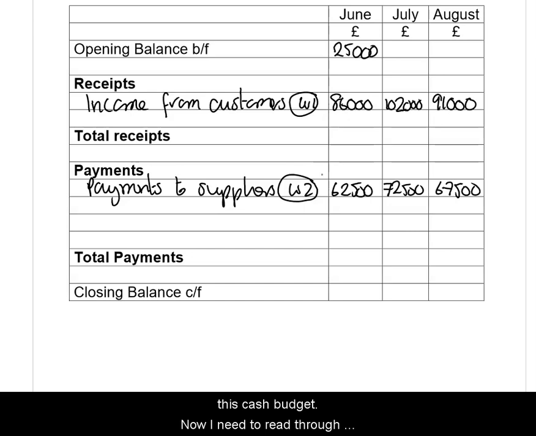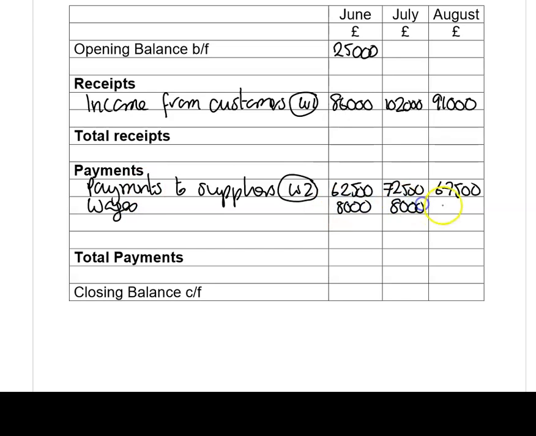I then need to read through the rest of the information in the question and pick out key figures. In this question, that is right at the end, starting with the paragraph: wages are 8,000 per month. So I'm going to put my wages in here, and it's 8,000 a month. And then the question says overheads are £17,000 per month, but that includes £4,000 depreciation.